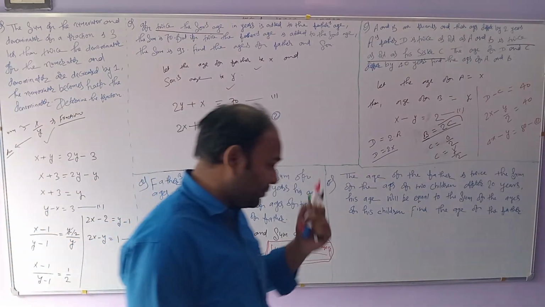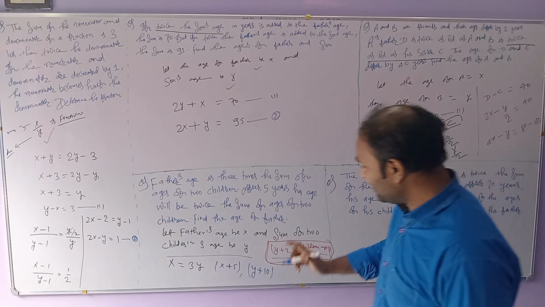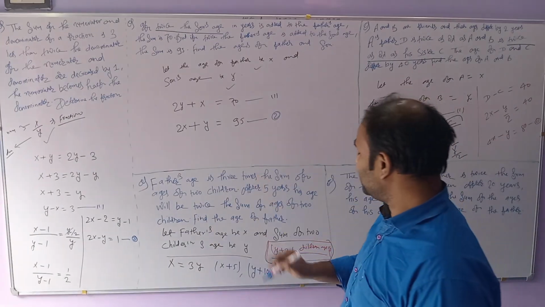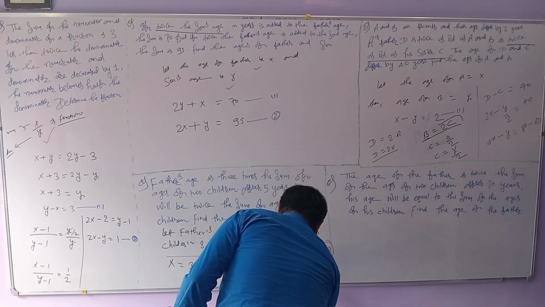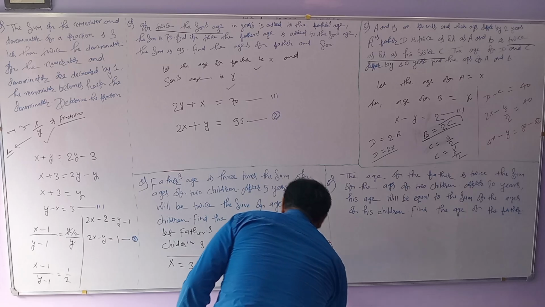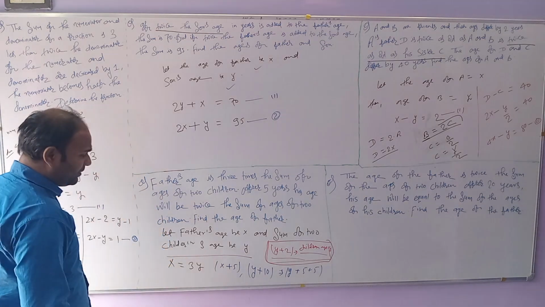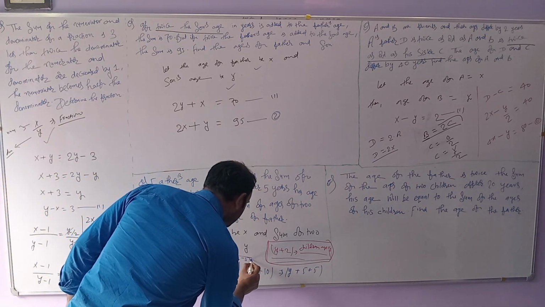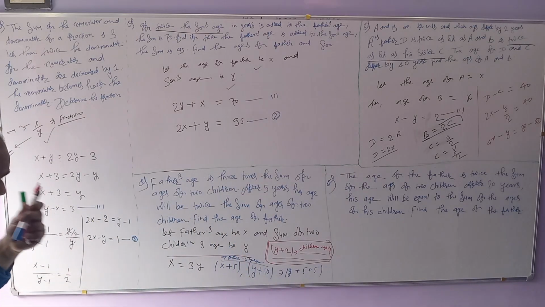When a child grows 5 years, then the other child also grows 5 years. So we are adding y plus 5 plus 5, that becomes y plus 10.